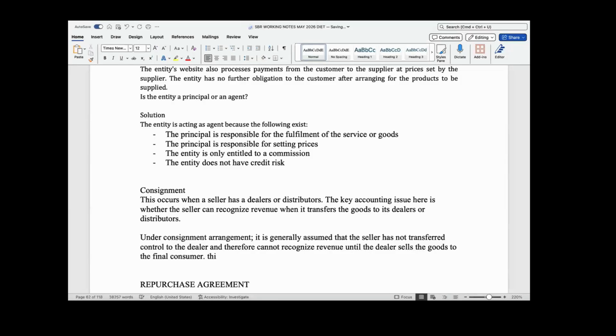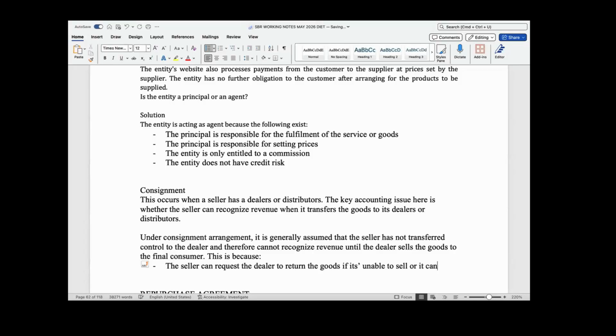And this is because the seller can request the dealer to return the goods if it's unable to sell, or it can transfer the goods to another dealer.